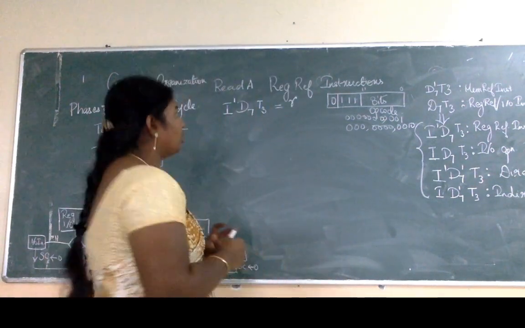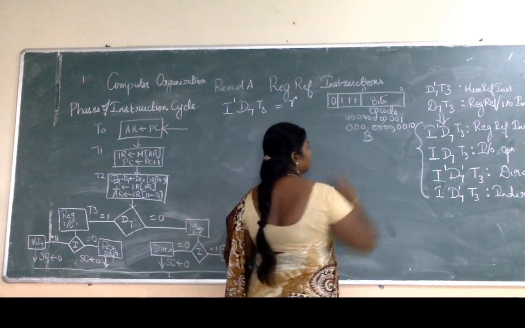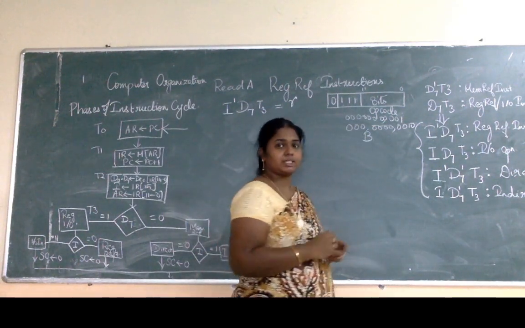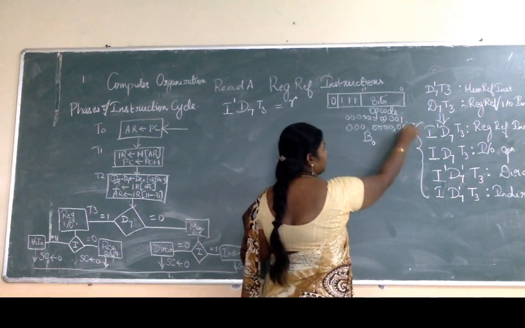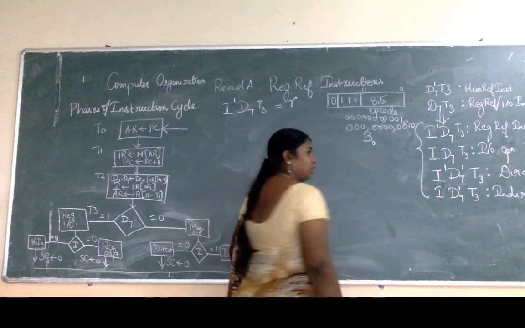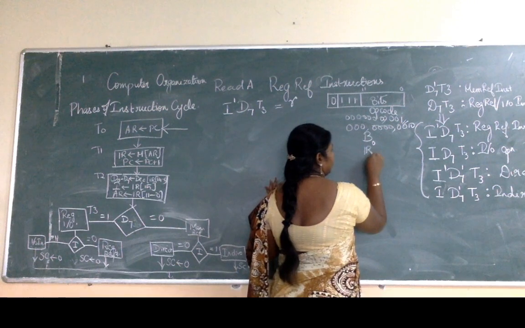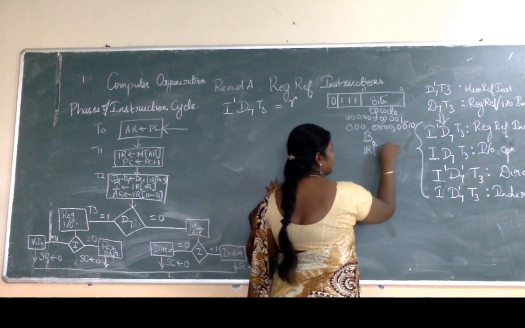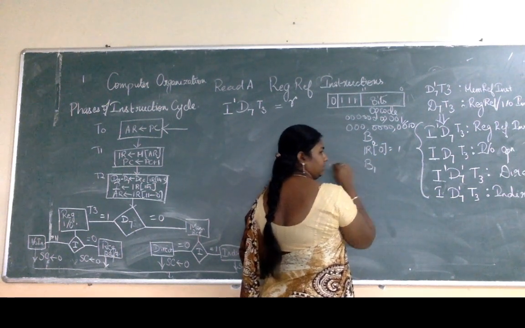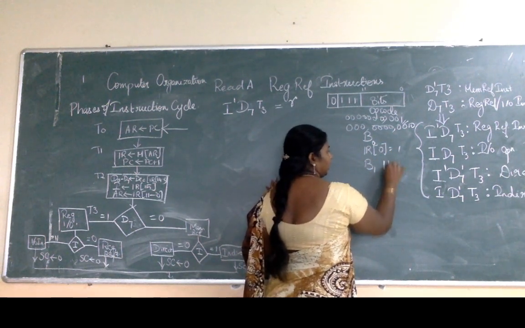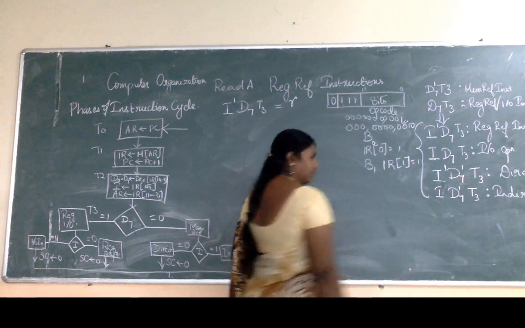I will use the symbol B to represent the bit which is 1. If I say B0, then it means that at location 0, the instruction register's least significant bit, is 1. If I say B1, then it means that in the instruction register, bit 1 is 1.